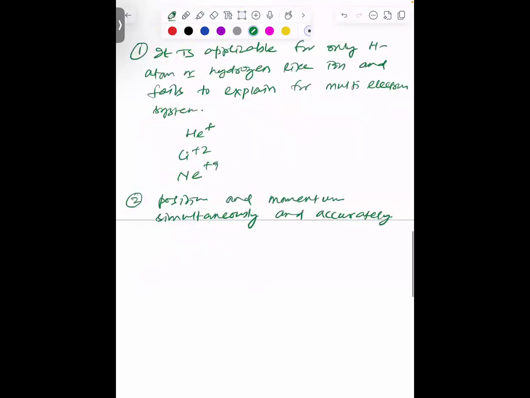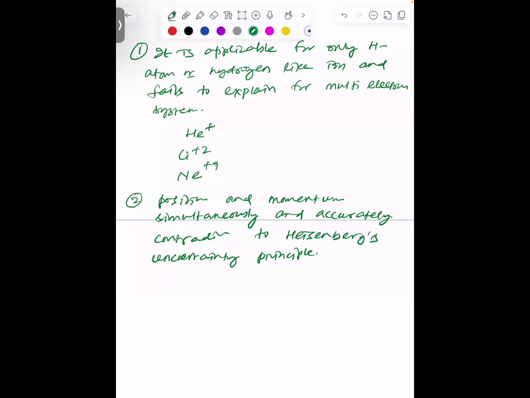But it is contradictory to the Heisenberg uncertainty principle, which we will discuss ahead. The Heisenberg uncertainty principle tells that it is impossible to measure the position and momentum of any microscopic object simultaneously and accurately.